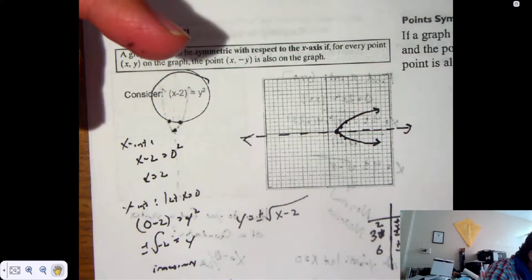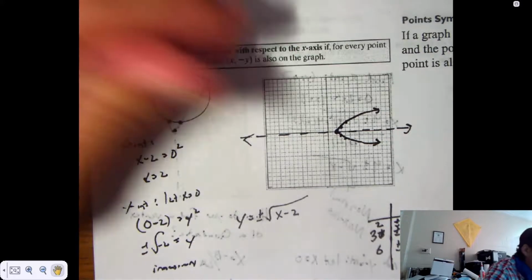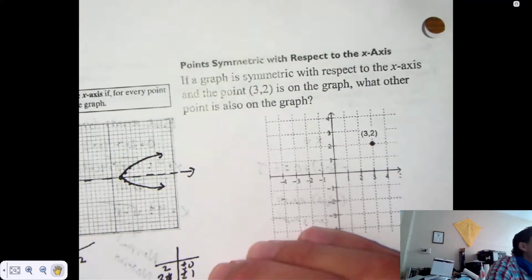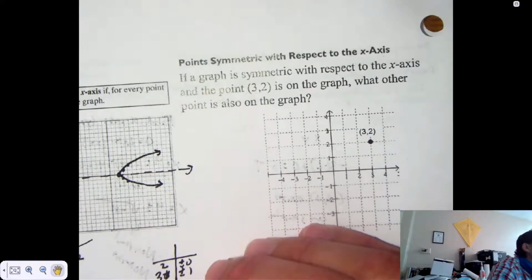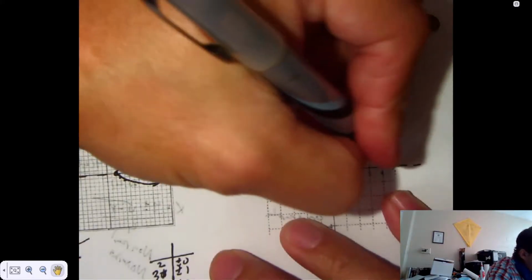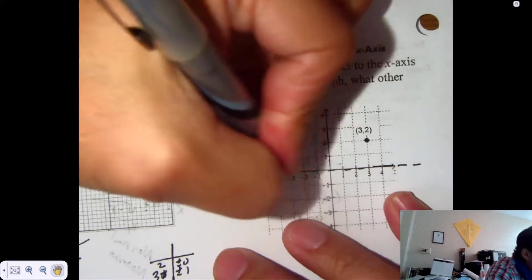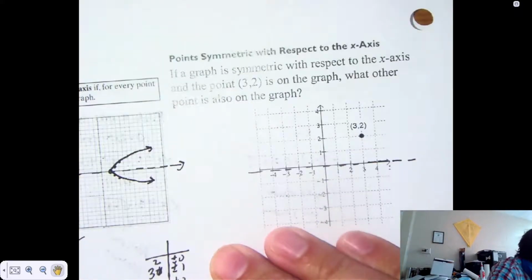Did they give us the function rule yet? No, not yet. So we'll talk about that later. If a graph is symmetric with respect to the x-axis and the point 3, 2 is on the graph, what other point is also on the graph? So it's saying I'm symmetrical with this guy. What other point has to exist?